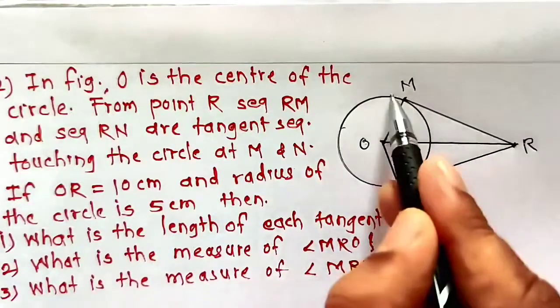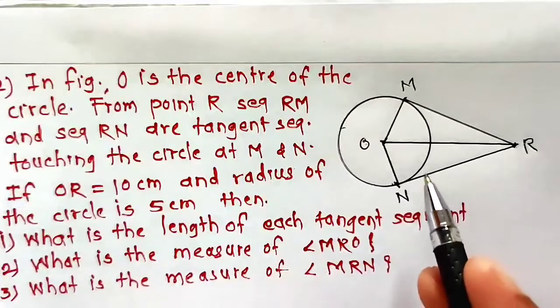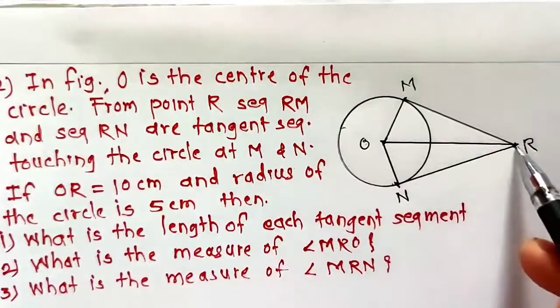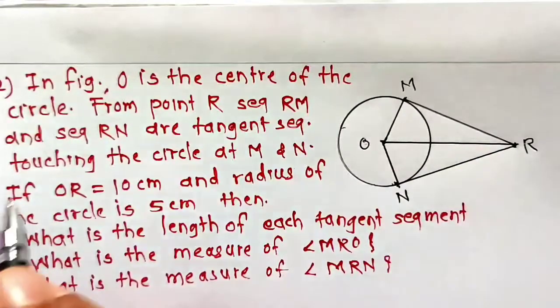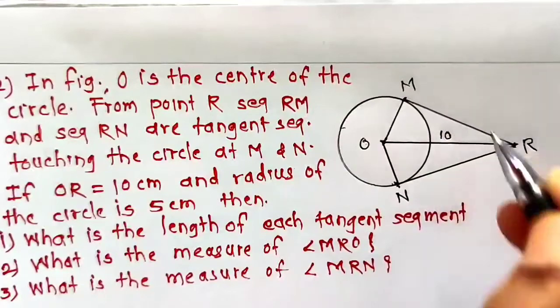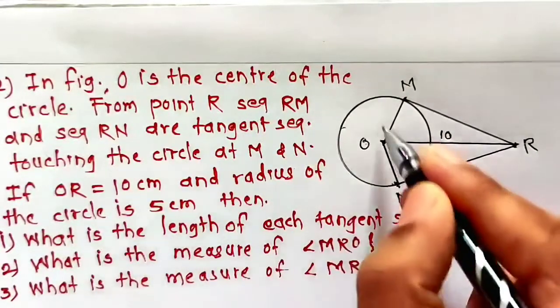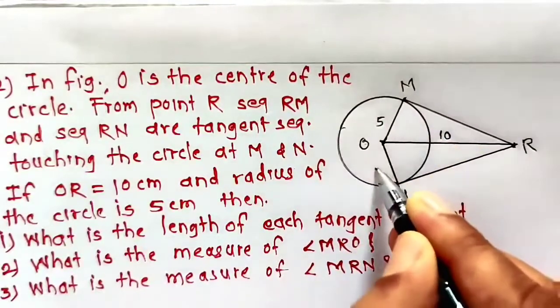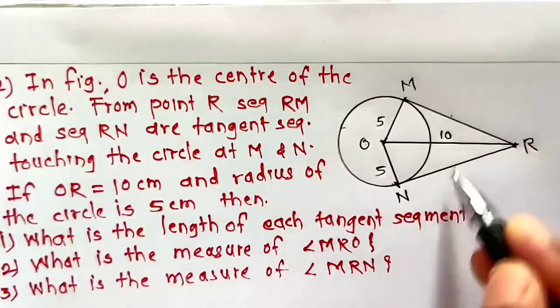From R, RM and RN are the 2 tangent segments drawn from that point R and touching the circle in M and N. If OR is equal to 10, this OR is given 10, and the radius of the circle is 5, meaning OM and ON are 5. Then what is the length of each tangent segment? Means we have to find this one.